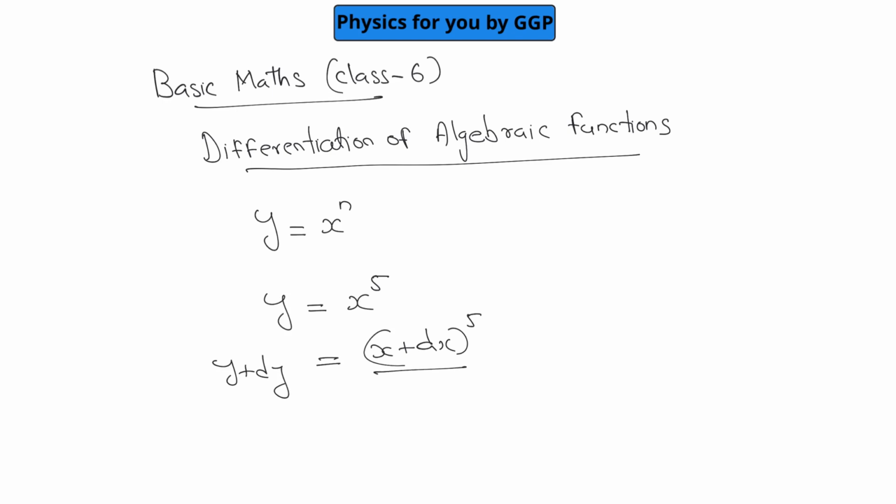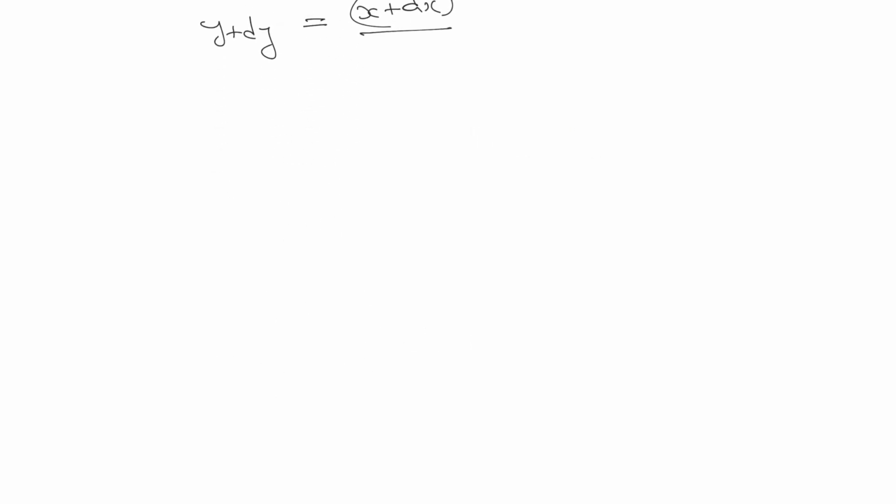Here we need to expand x plus dx raised to 5, which may be difficult for our calculation. To avoid that, we use some shortcut equations through which we can directly find the value of dy by dx without doing much calculation or without writing x as x plus dx. So we'll discuss that.